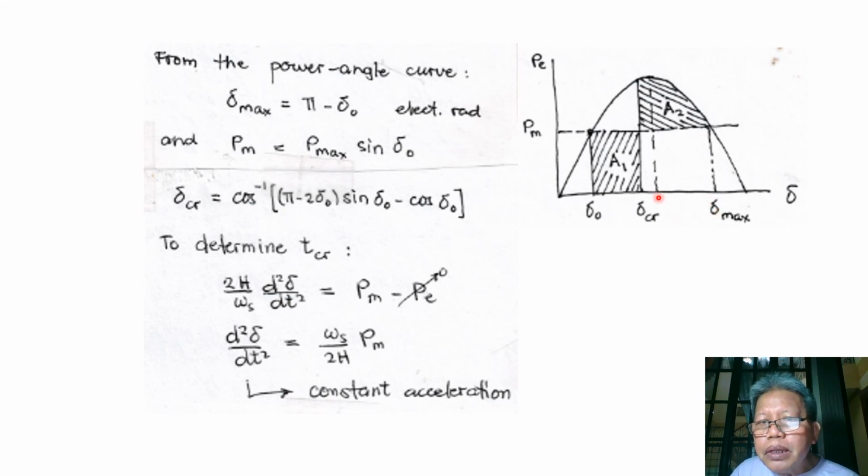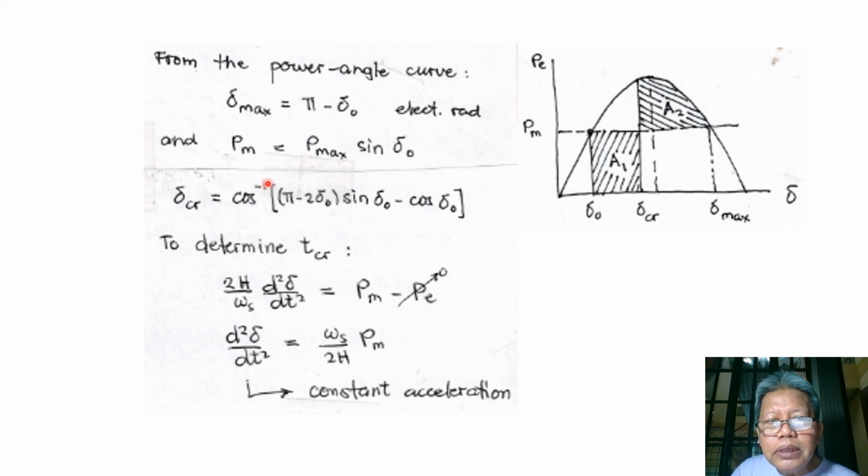So this delta O here, with the same line intersecting the curve, this angle here must be equal to this angle. So this is equal to delta O. Therefore, if this is pi, then our delta max would be pi minus delta O.